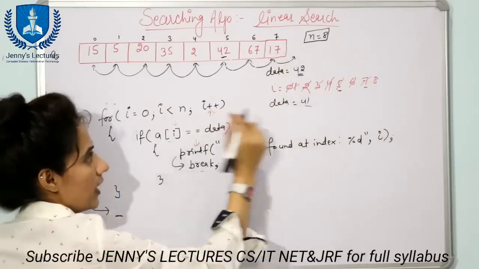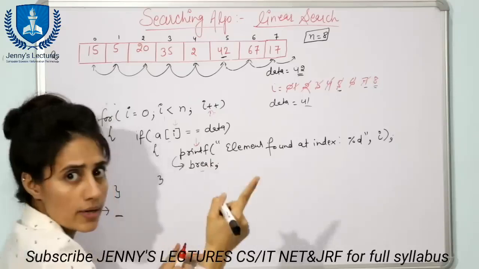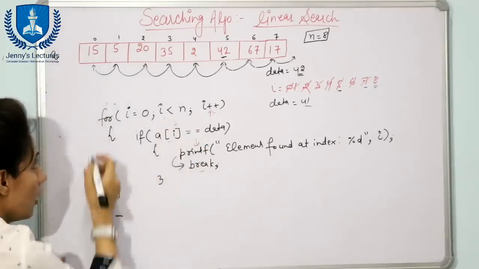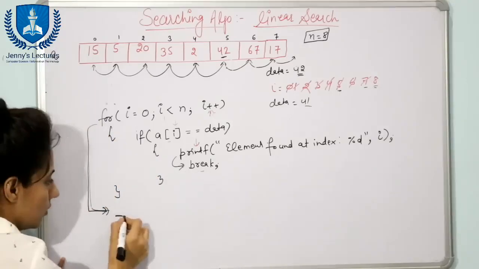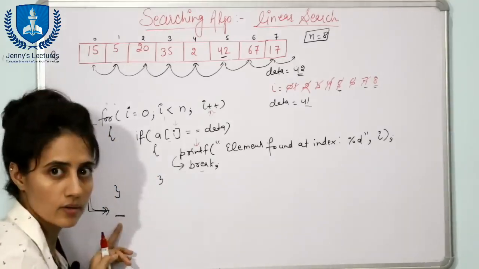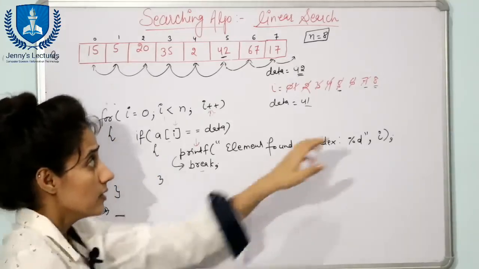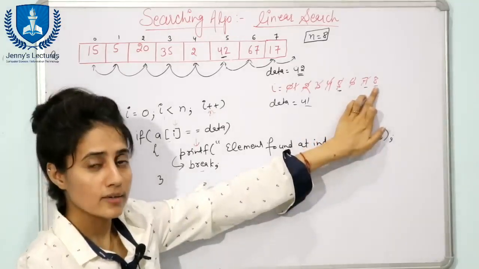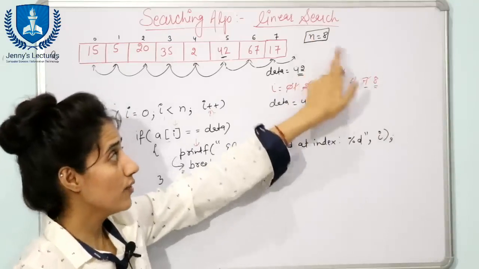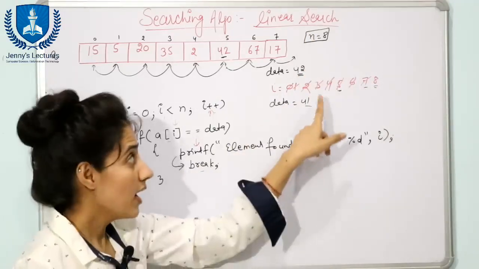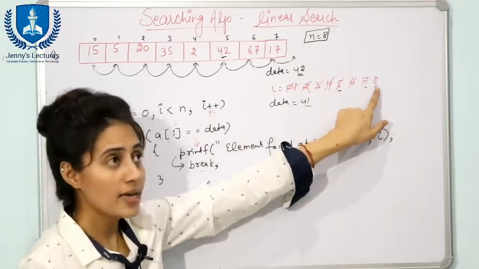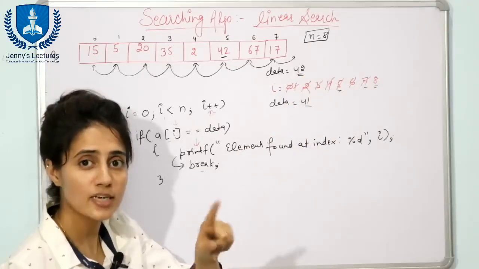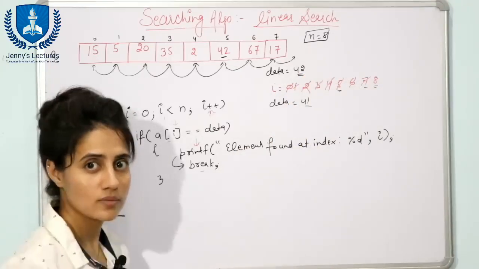No. Now again I plus plus, I is equal to 8 and 8 is less than 8? No. Now control will go out from this loop, whatever you write here. Fine. It means if I value has reached 8, and here 8 is the number of elements, it means if I value becomes the same as this n value, the number of elements, in that case data is not present, you can say, right?